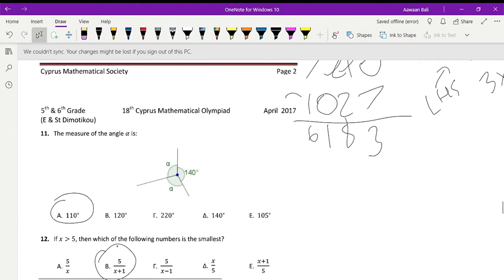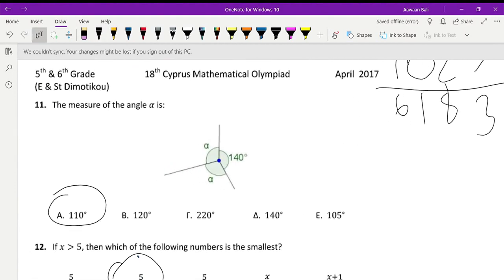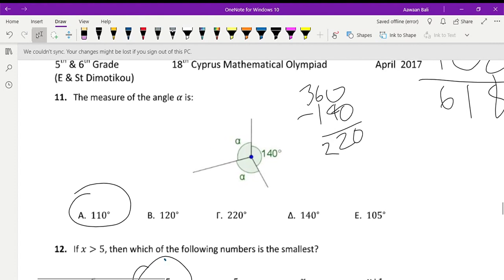Question number 11. The measure of angle A is what? Basically, we know the angle of a full circle is 360. If we do 360 minus 140, we get 220 degrees. And since these two angles have the same variable, that signifies they're equal, which means you can do 220 divided by 2, which is 110.